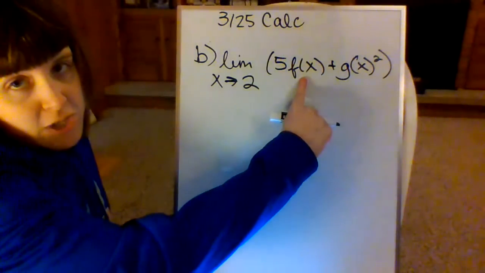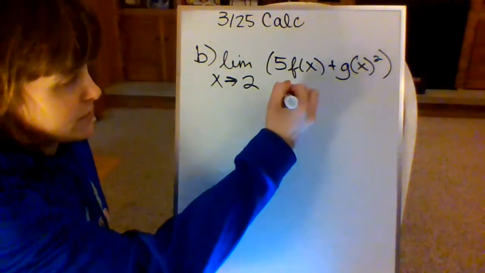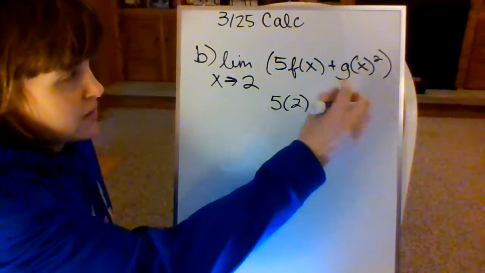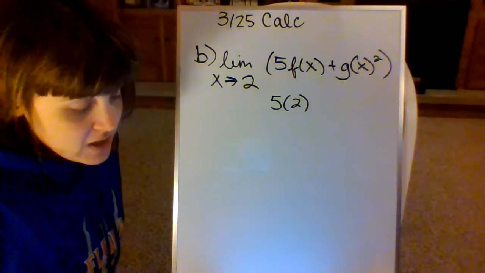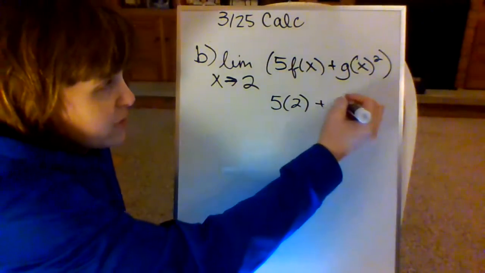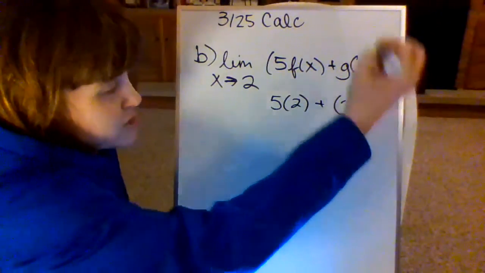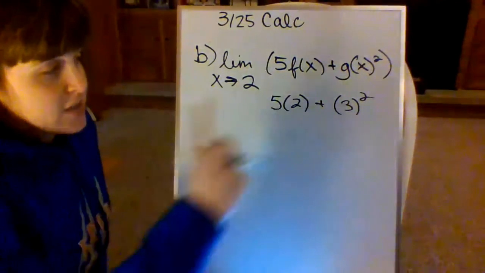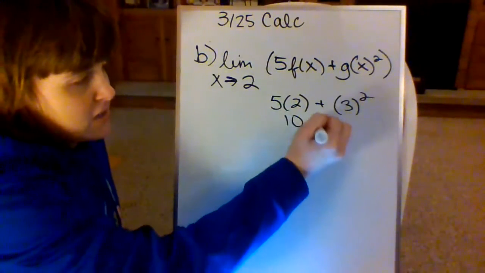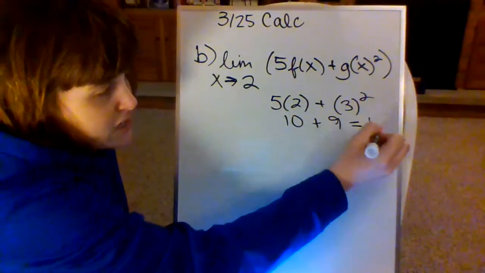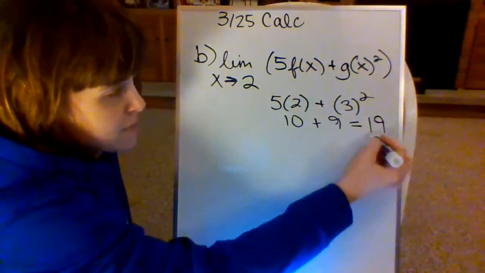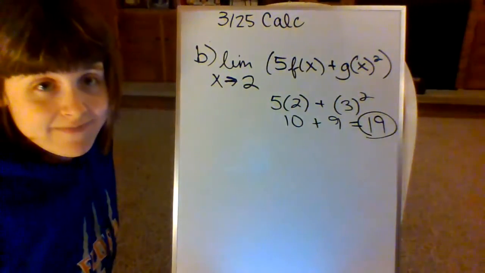So I'm going to substitute a 2 in here where it says f of x. And the limit as x approaches 2 of g of x was 3. So we're going to plug in 3 for g of x and square it. So 5 times 2 is 10. 3 squared is 9. So 10 plus 9 is 19. So that's it.